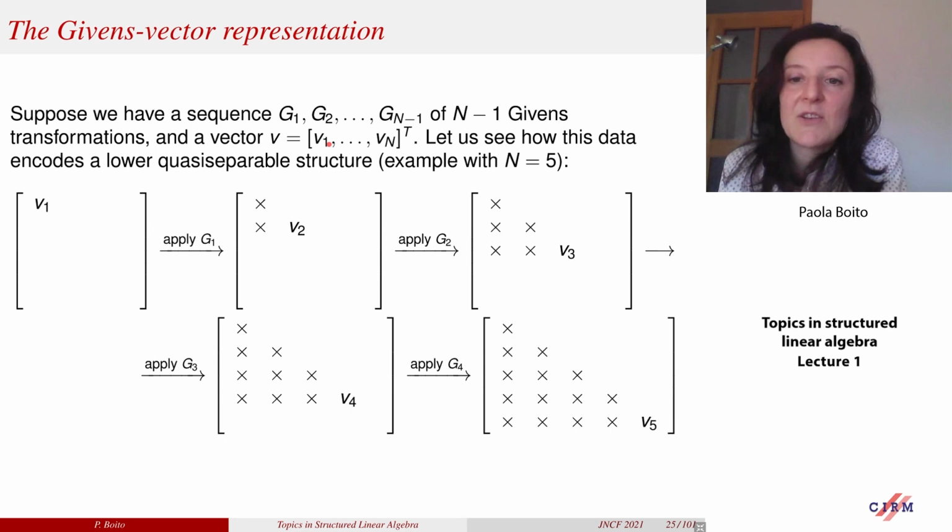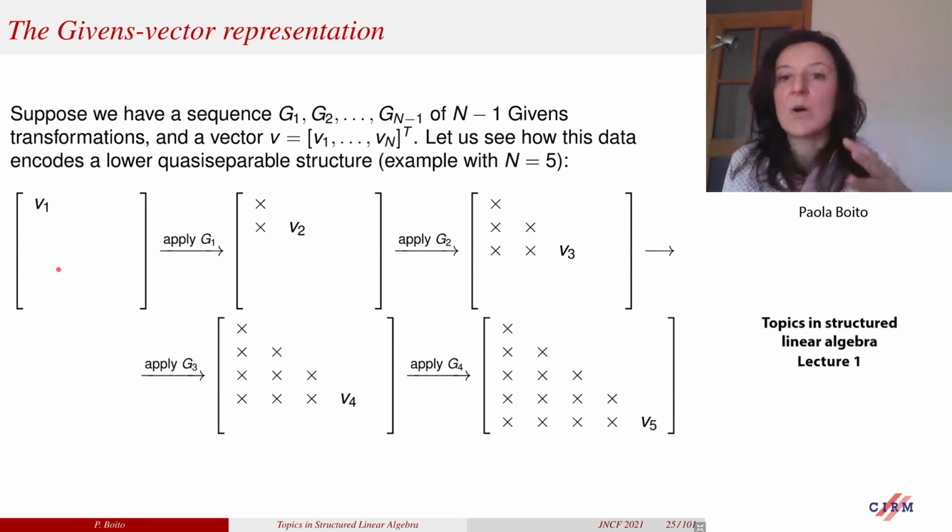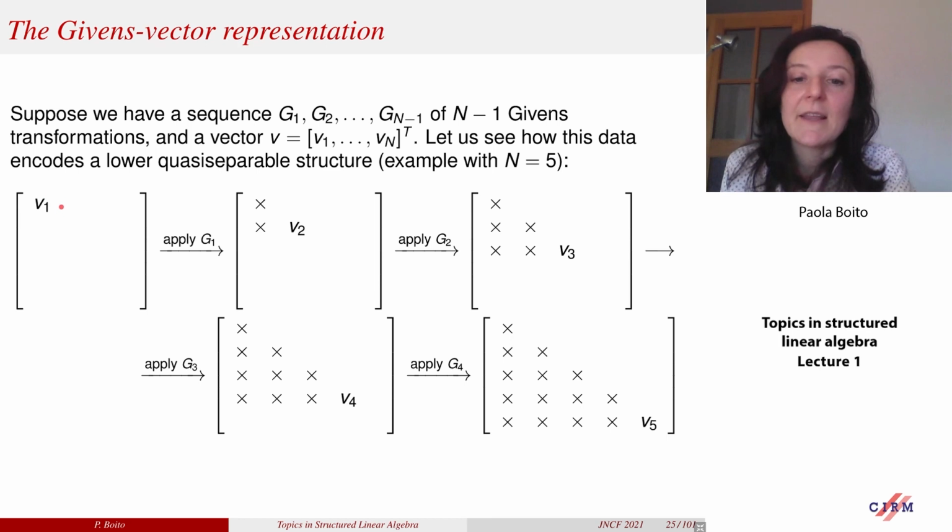So we call the entries of this vector v1, v2, vn. How does this data encode a lower quasi-separable structure? Let's look at the example. Here's how I build the lower triangular part of my matrix, starting from the Givens transformations and the vector. So I start by writing the first entry of the vector in the upper left corner of this empty matrix.